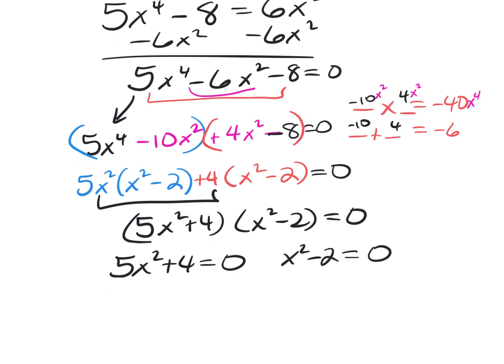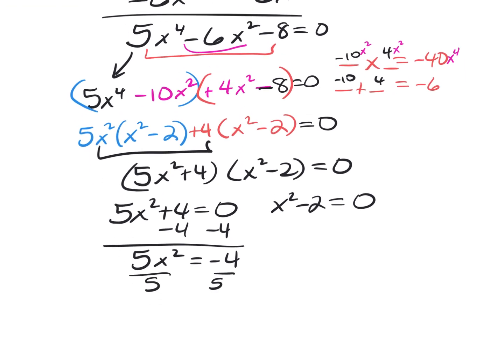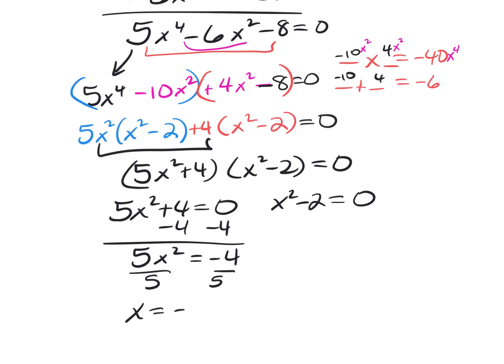Going to subtract the 4. 5x squared equals negative 4. Divide by 5. And x squared equals negative 4/5.